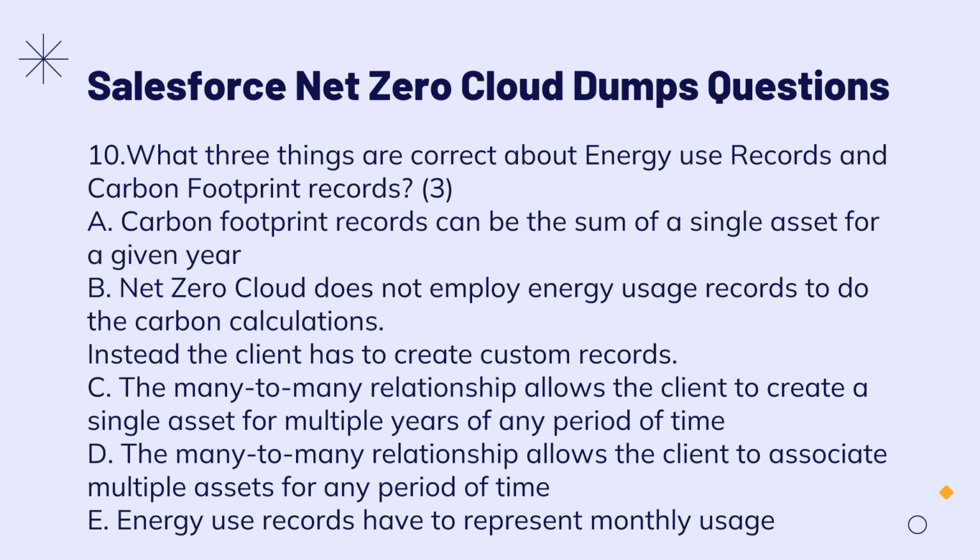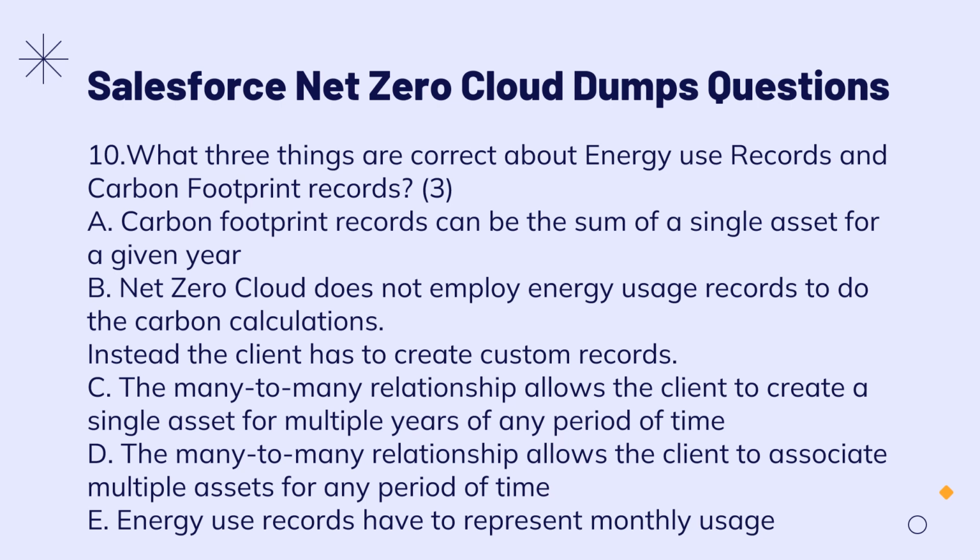10. What three things are correct about energy use records and carbon footprint records? A. Carbon footprint records can be the sum of a single asset for a given year. B. Net Zero Cloud does not employ energy usage records to do the carbon calculations. Instead, the client has to create custom records.